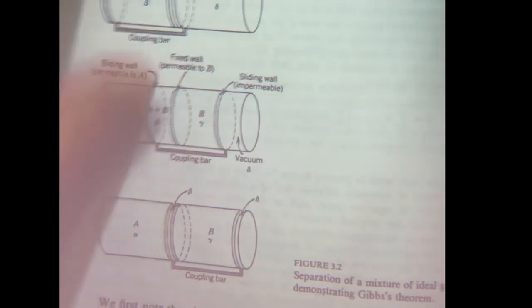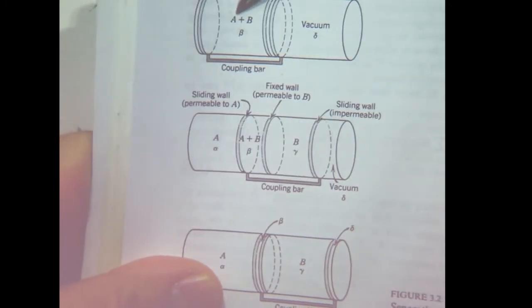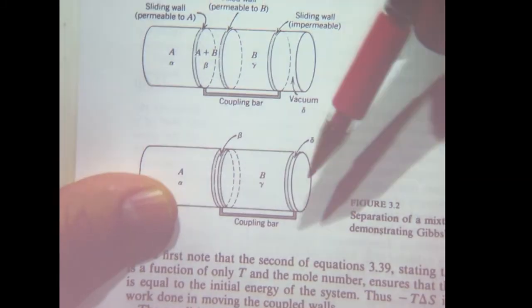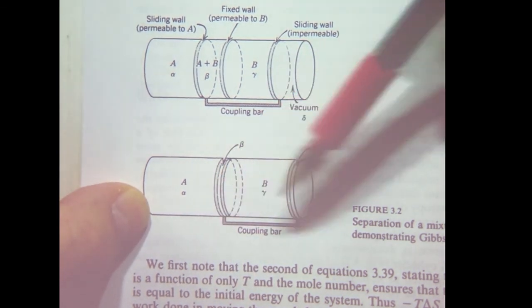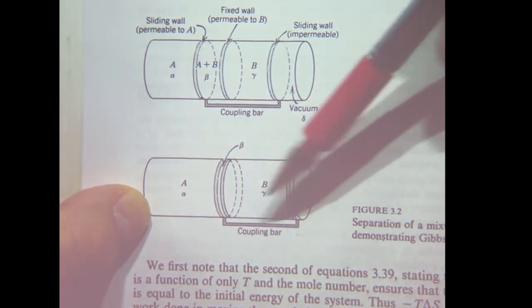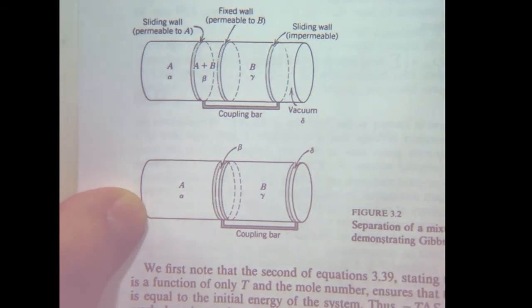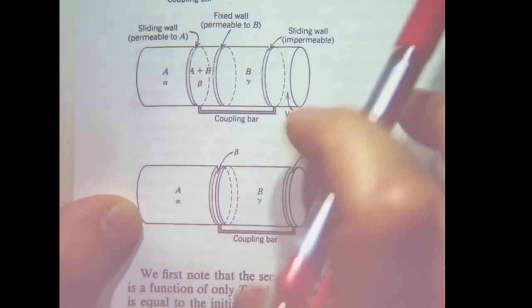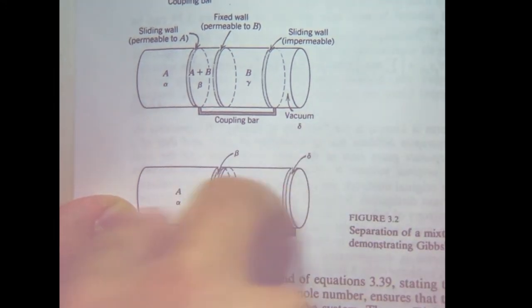And that's good. What it's saying is that the entropy of the original mixture is exactly equal to the sum of the entropies of the separated gases in the two separate regions. It's kind of nice. So this is a way of proving additivity of the entropy, not just in two separate regions of space, but in the same region of space.